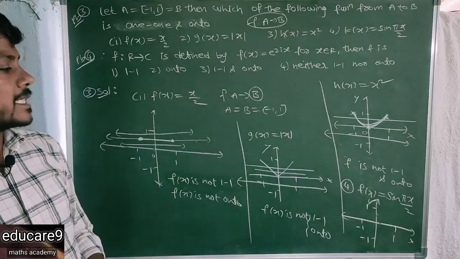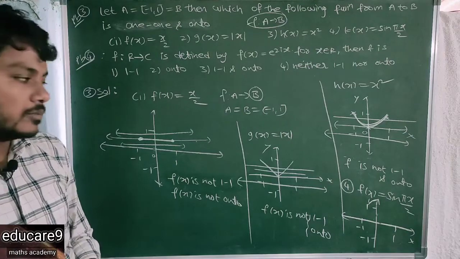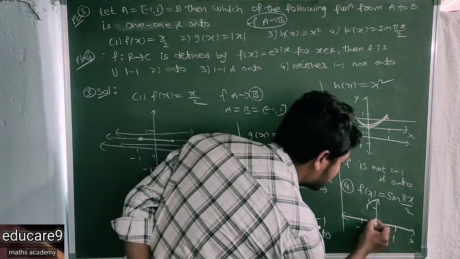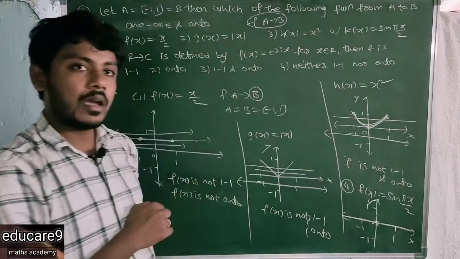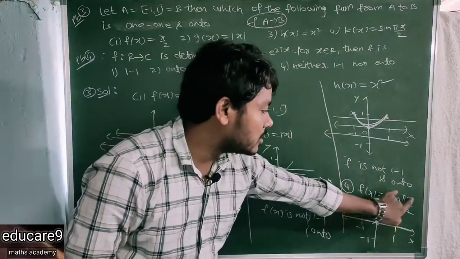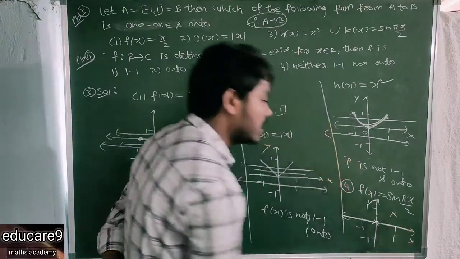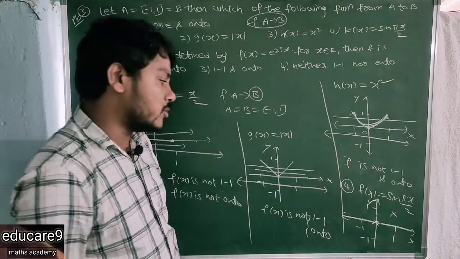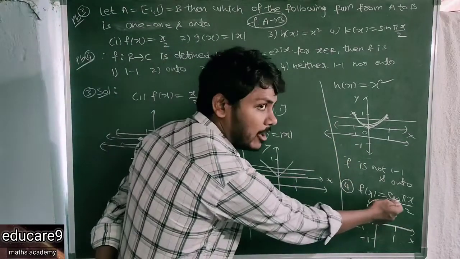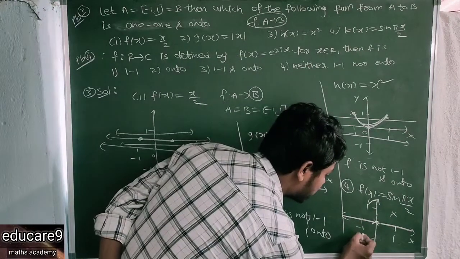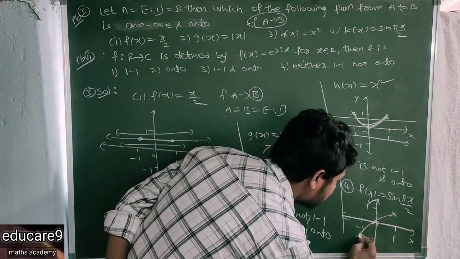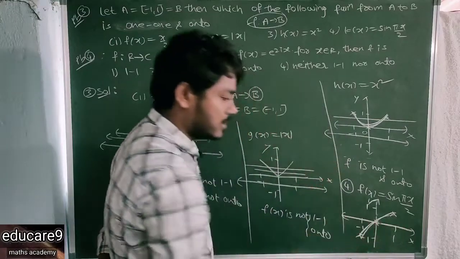Now first at x is equal to 0, what do you get? sin 0, 0. At x is equal to 1, sin 90, 1 only. At x is equal to -1, sin of -90, -1. So this is the graph of sin x.